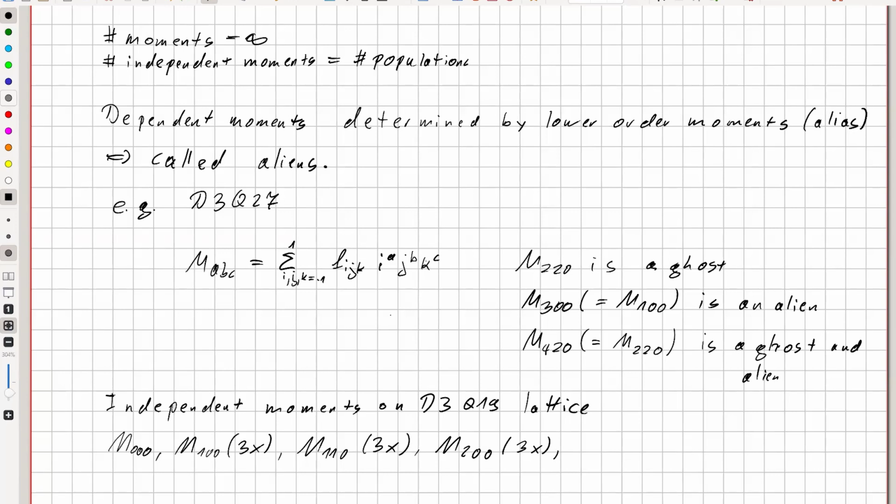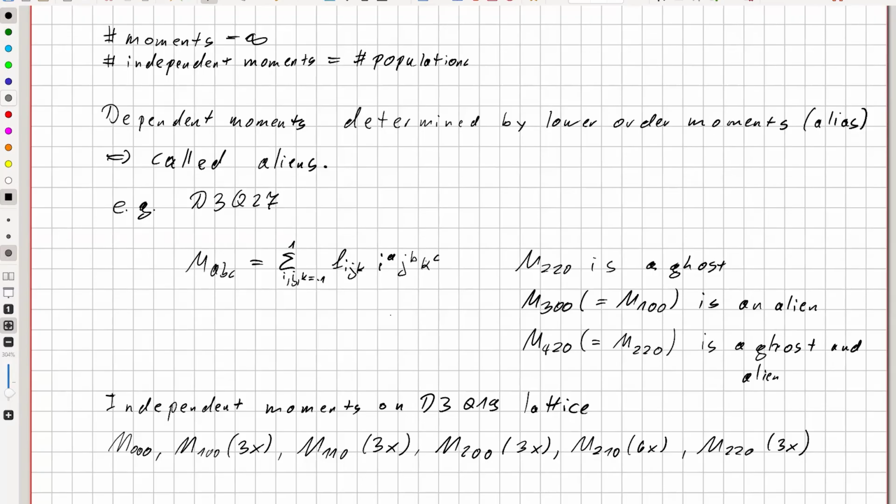So these are the 10 hydrodynamic moments that have to be here, otherwise we cannot solve the Navier-Stokes equation. But then there are a few other ones, namely we'll have M210 six times, and M220 three times. This is 10 plus 9, and we are done.